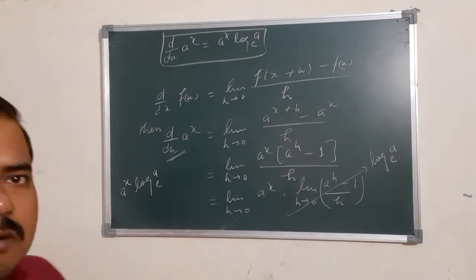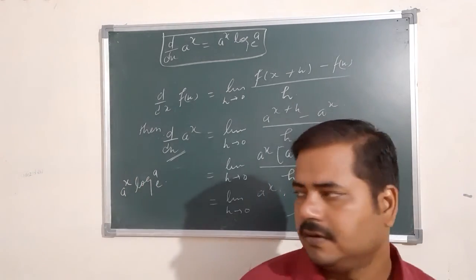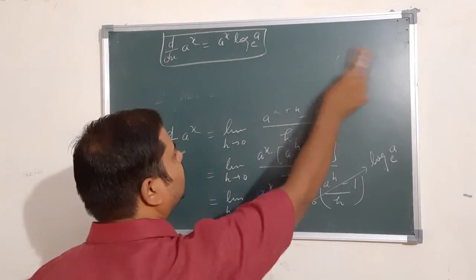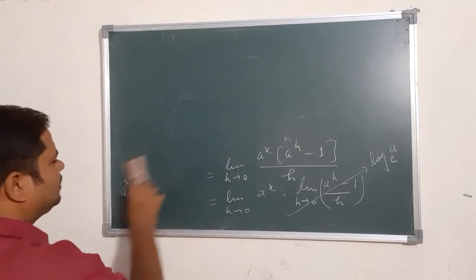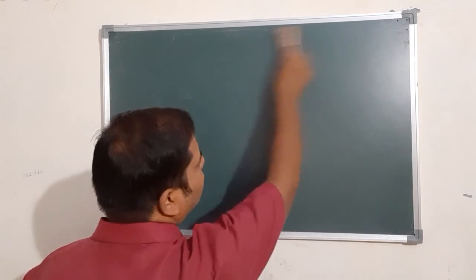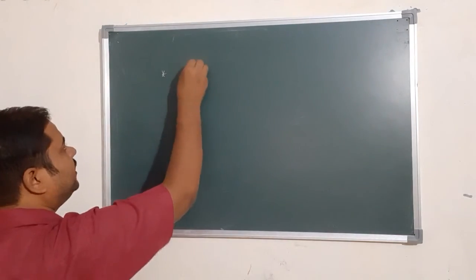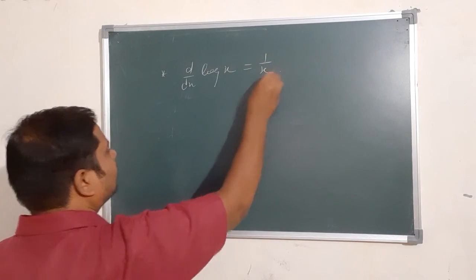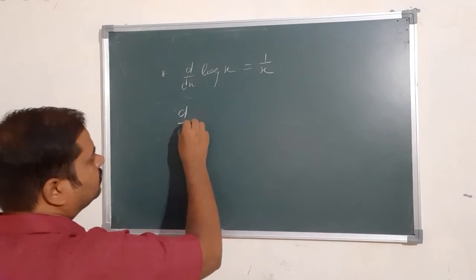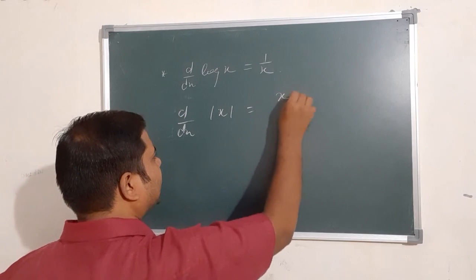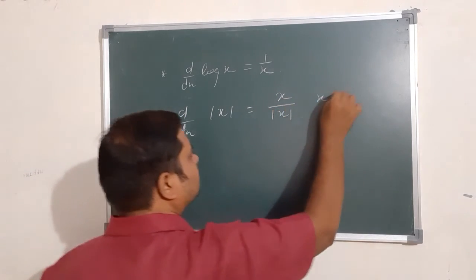So you may write it. d by dx of log x is 1 upon x. d by dx of mod x, if you want to find, this is x upon mod x, x not equal to 0.